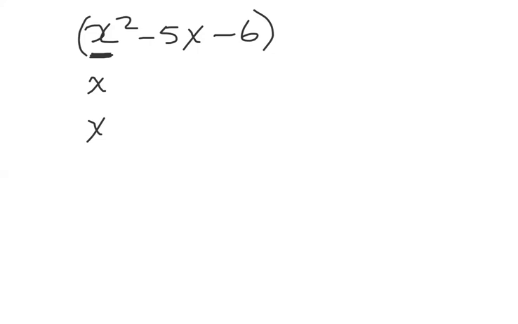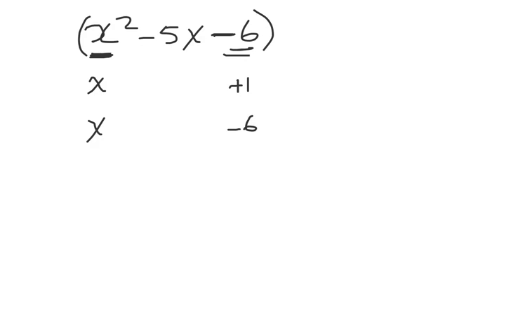Here we are going to find two numbers that when multiplied will give us minus 6, not 6, but minus 6. There are several possible numbers. One of the numbers could be plus 1 and minus 6. Plus 1 times minus 6 is minus 6, but it's not complete yet.